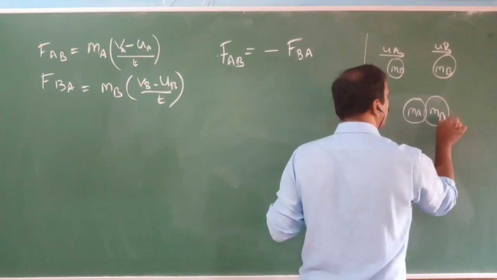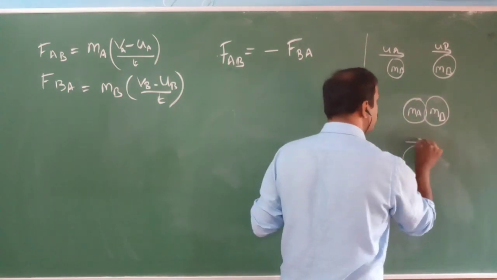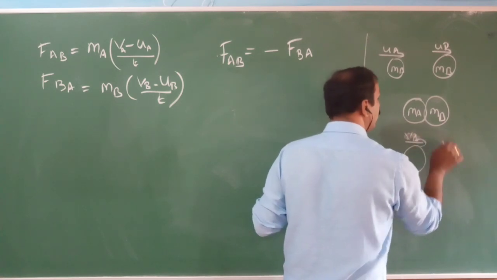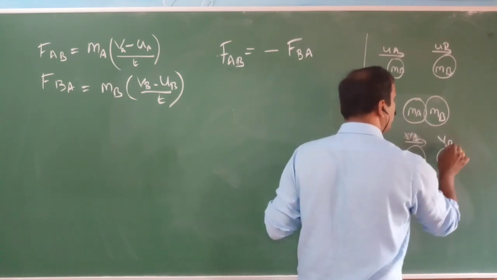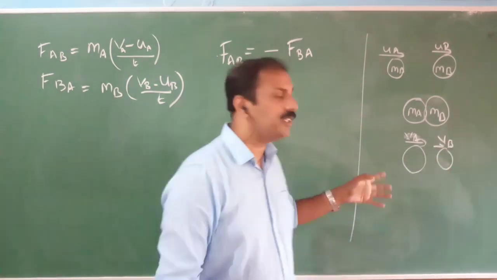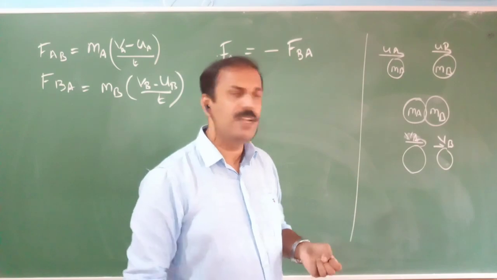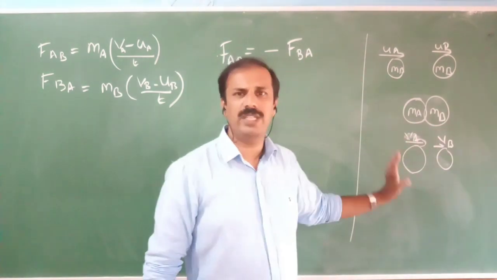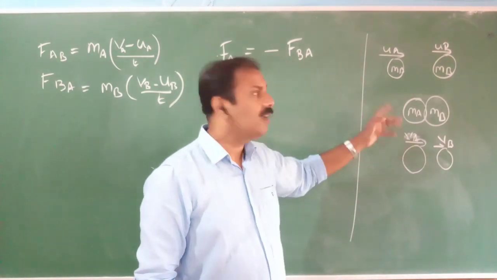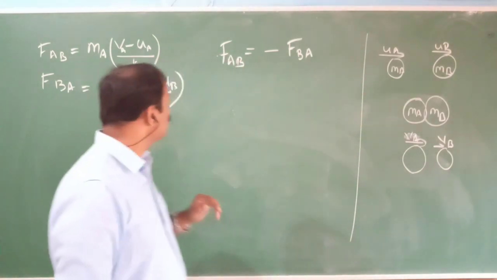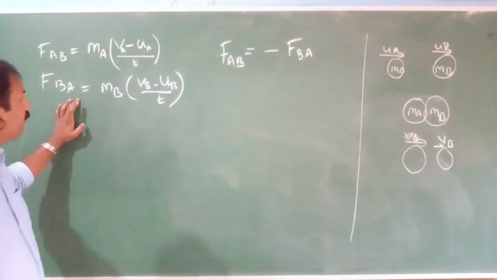After collision, they go with VA and VB. But we don't know which direction. After collision, whether they will go that side or this side, we don't know. That depends on the collision. Now we think that all are going that side only. Sometimes one comes this side also, that possibility is also there. That we will discuss later.